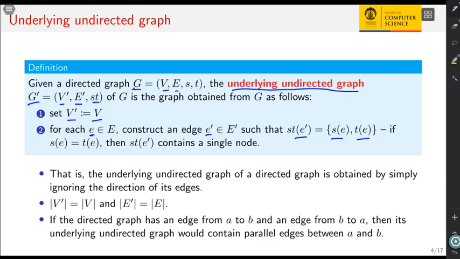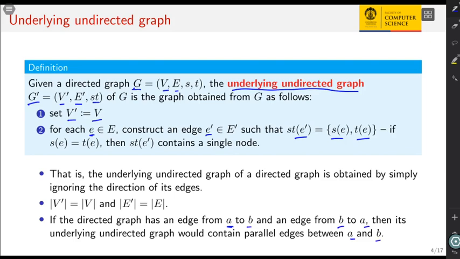So to repeat, the underlying undirected graph of a directed graph is simply the graph with the same set of nodes, and the edges are connecting the same nodes but without direction. That means the number of edges and nodes in both the graph and its underlying undirected graph are the same. If the directed graph has an edge from A to B and an edge from B to A, then the underlying undirected graph would contain parallel edges between A and B.